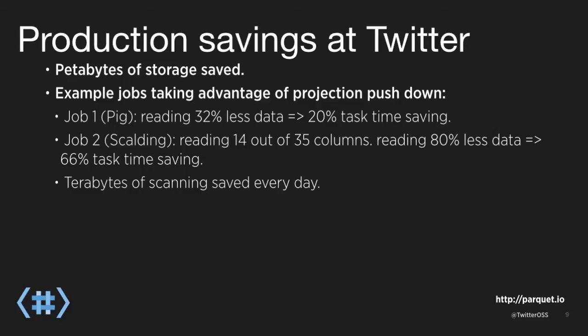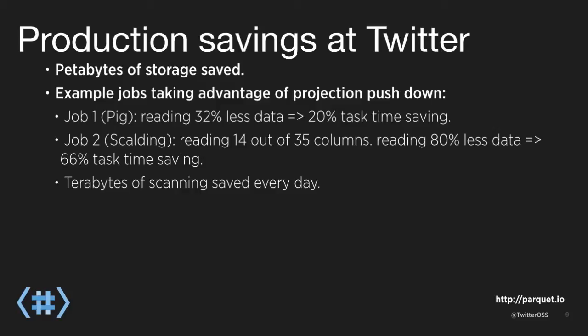So on Pig, we're reading 32% less data. So we're loading most of the data, right? 70% of the data we loaded still, and we're seeing a 20% decrease in time it takes. And the Scalding job, we're reading 80% less data, and we have a 60% time saving. So you can see that it's not proportional to how much less data you're reading, but it's still in the same ballpark.